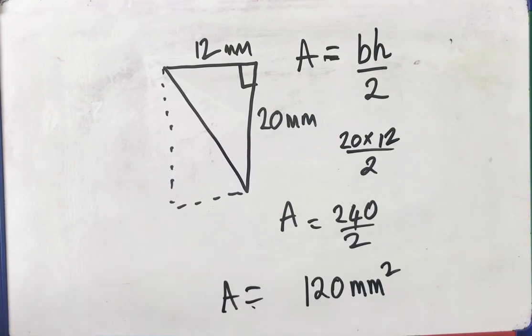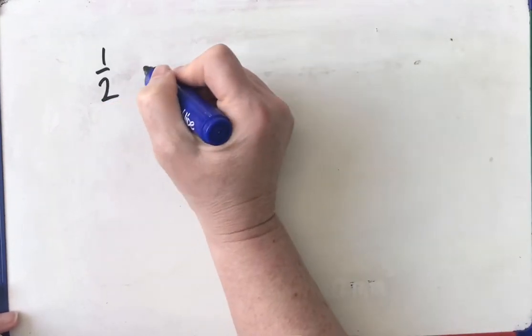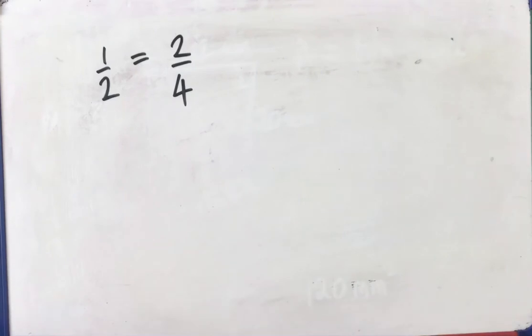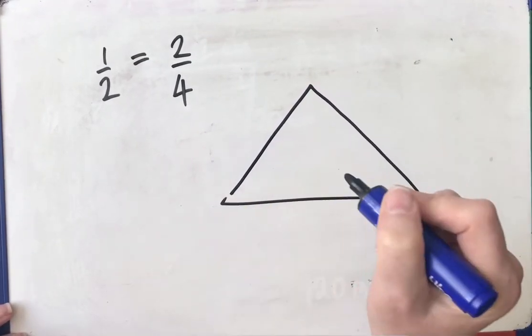I did say we'd look at an isosceles triangle. It's still a half, even though it doesn't look like it. I'll show you why. If you remember equivalent fractions, 1/2 is equivalent to 2/4, and that's going to be important when we consider the isosceles triangle like this one.